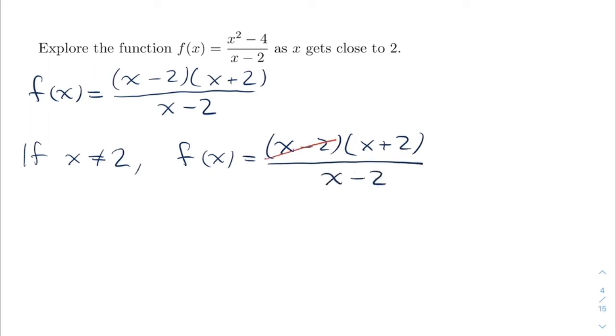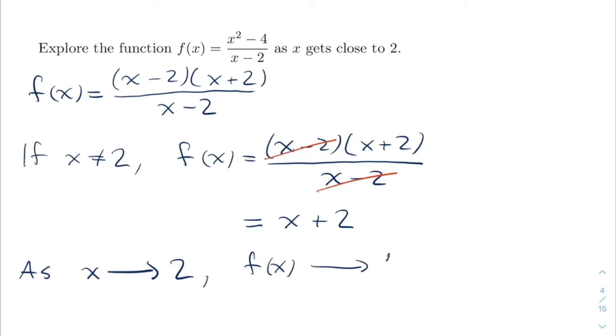So now when x is not equal to 2, our function is equal to x plus 2, which is exactly the line that we saw in the previous slide. So we know that as x gets closer to 2, and we denote this by these arrows, which we will be using quite frequently, the value of f of x gets closer and closer to 4.